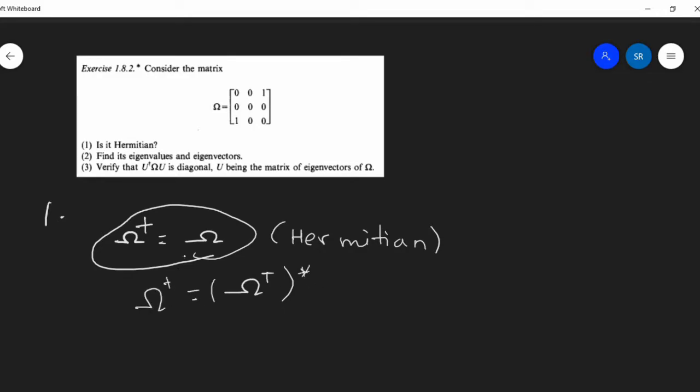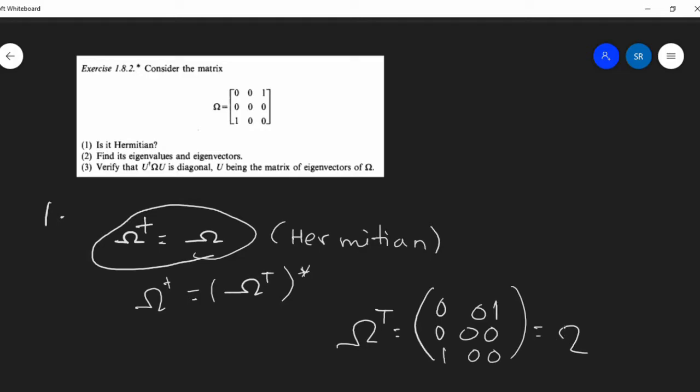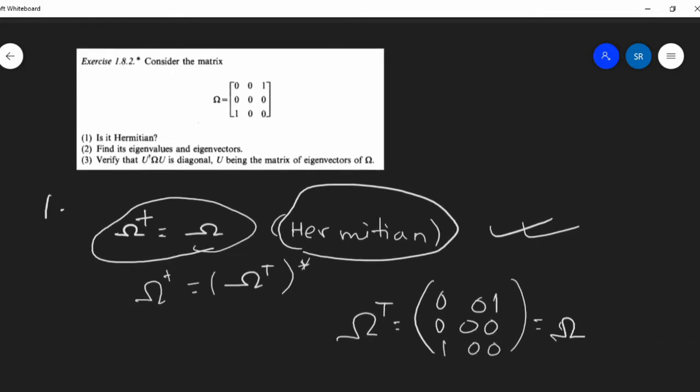And as you can see, the transpose of this is 0, 0, 1, 1, 0, 0, 0, 1, 0, which is conveniently also the omega over here. So, right. Done. Cool. So what's next?